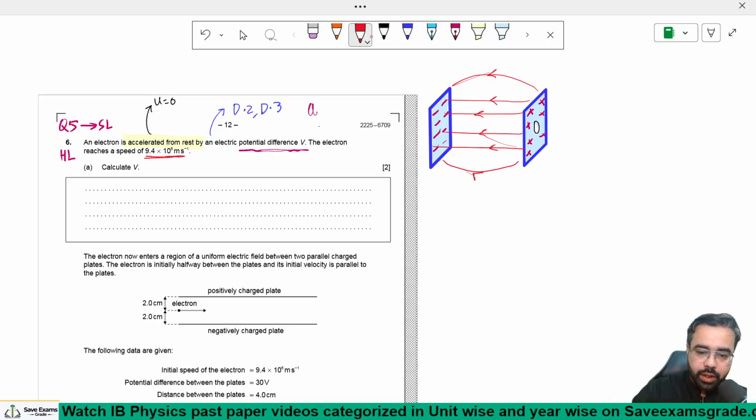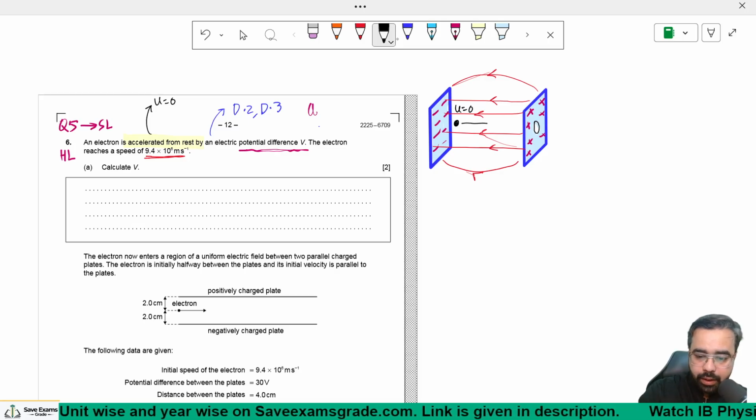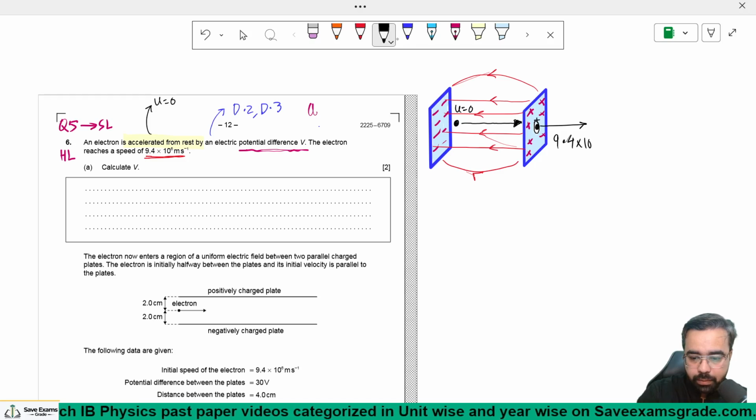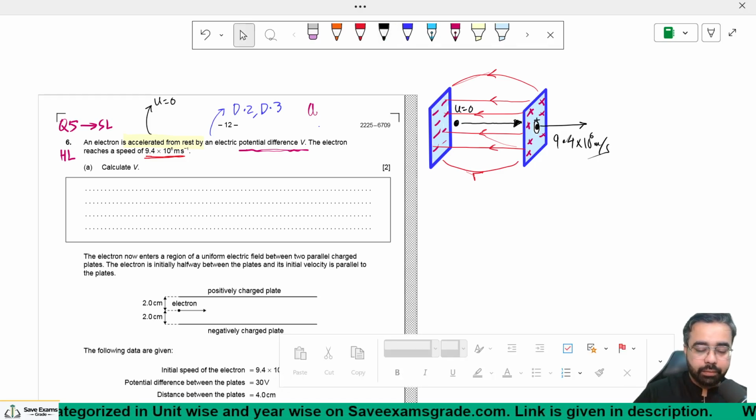So you can guess this electron was initially at this point where its speed was 0, and it accelerated, going in the opposite direction of the field. So it is attracted, and right at this point, when it is just exiting, its speed is 9.4 times 10 power 6 meter per second. So you have to find out the electric potential.